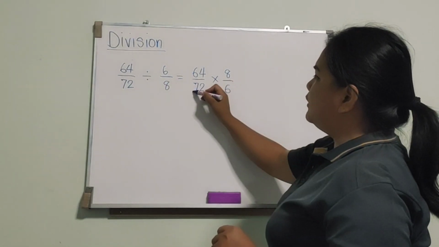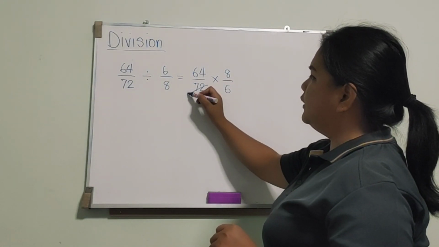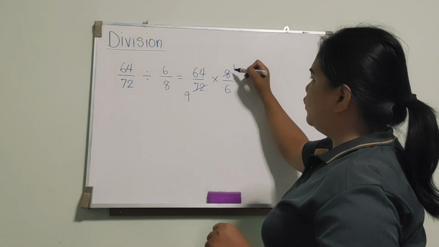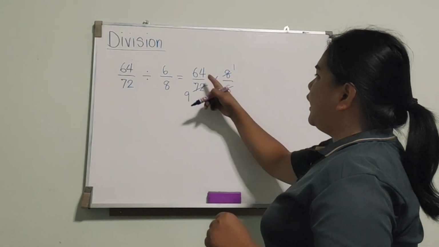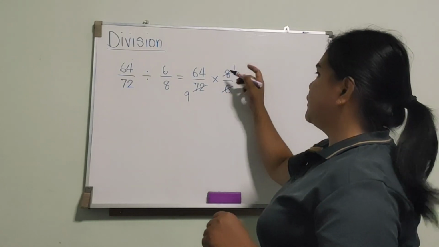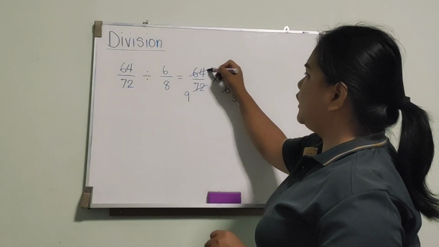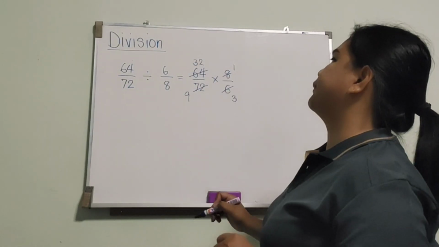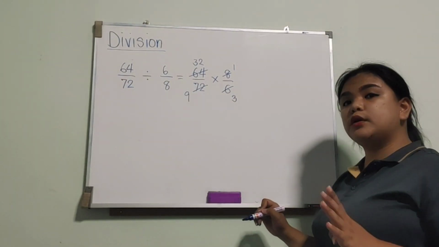So let's try. This one becomes 9. Here becomes 1. Here I will divide by 2, so this one becomes 3. Here becomes 32. Do we have any number to cancel?